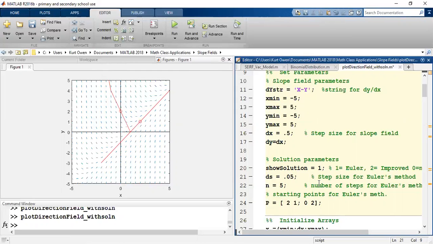0.05, so that's 20 steps per unit, and change this to 50 steps in each direction. Now let's see what happens. Our solution looks much smoother, all right? And let's actually go to 100 steps in each direction.